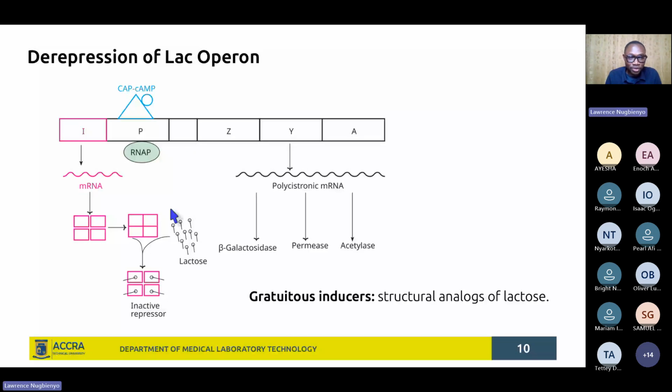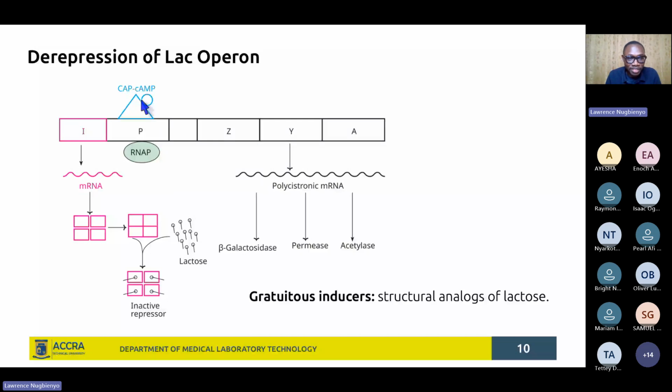And once the repressor is not bound to the operator region, you now can have the RNA polymerase, together with some catabolite activator protein, which forms a complex with cyclic adenosine monophosphate, coming to bind onto the promoter region. That will be the initiation complex. That is initiation of the process of transcription of the gene.